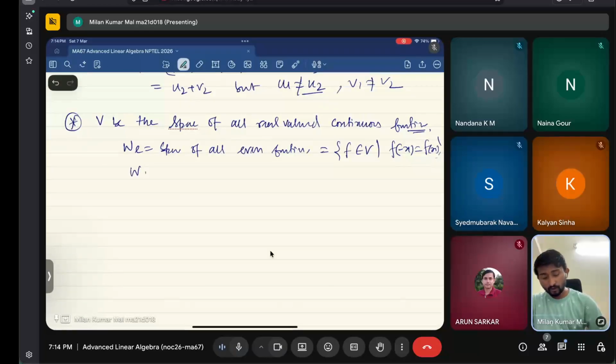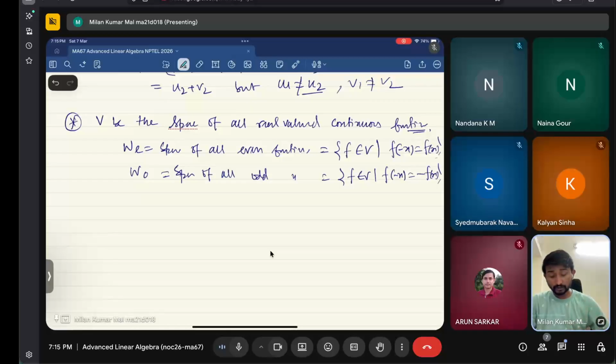And WO is the space of all odd functions, which is all f in V such that f of minus x is equal to minus f of x. So this is the space of all odd functions.